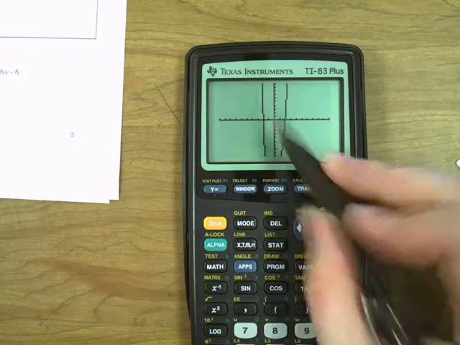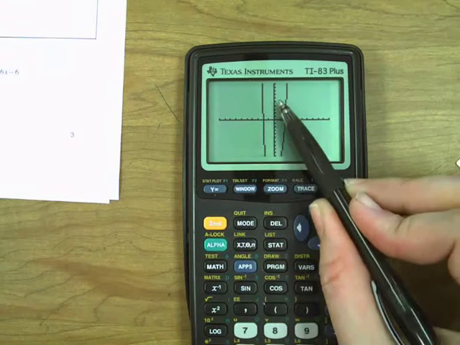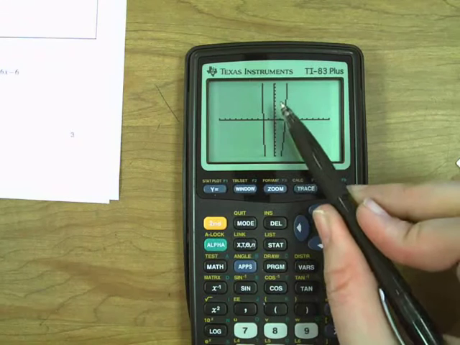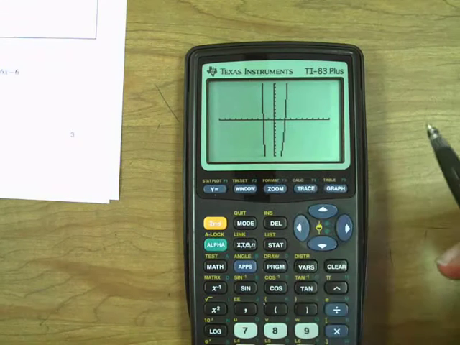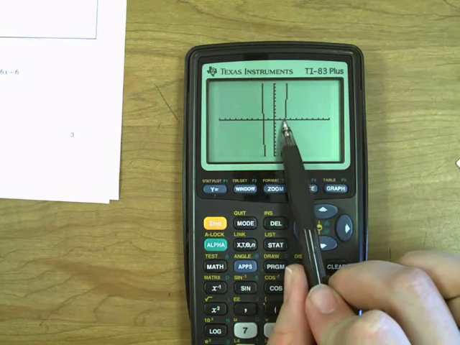All right, so I can see that it passed through twice. So there are 2 real roots that I can see. And I want to know where those real roots are. Well, they appear to be at 2 and negative 2.